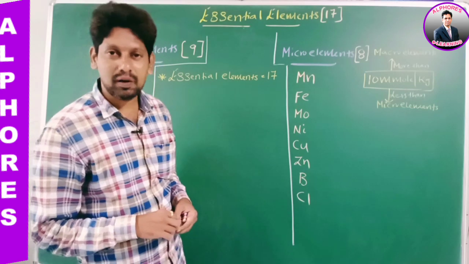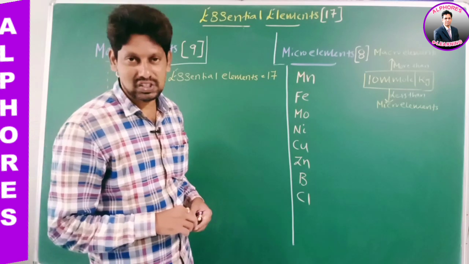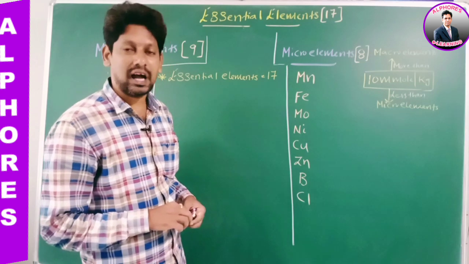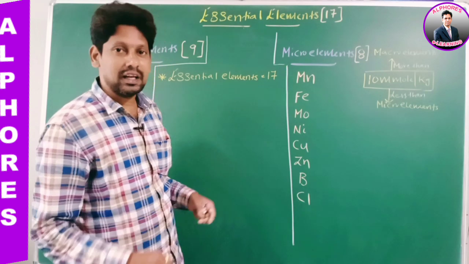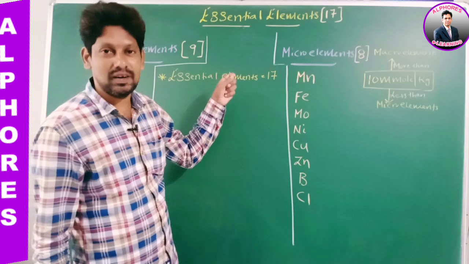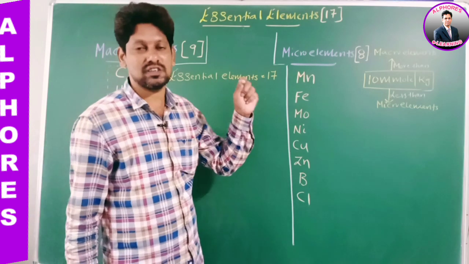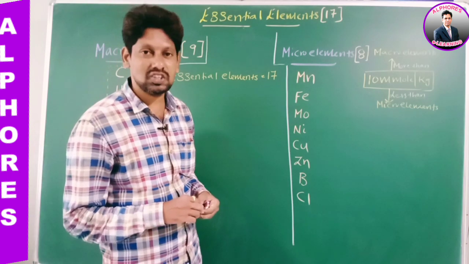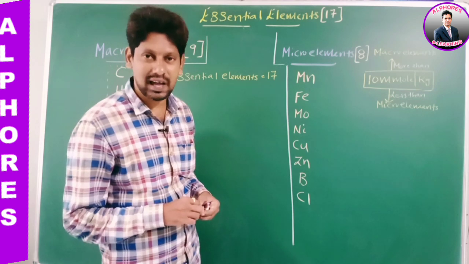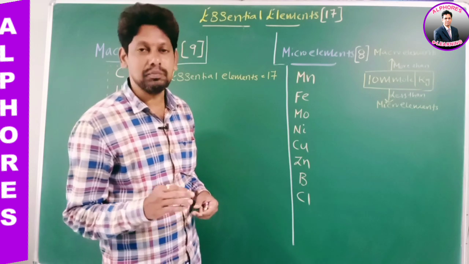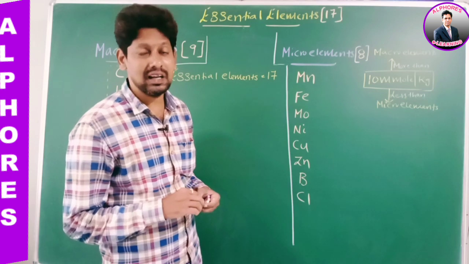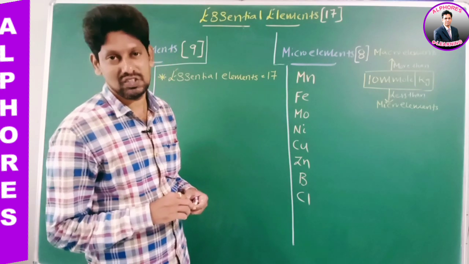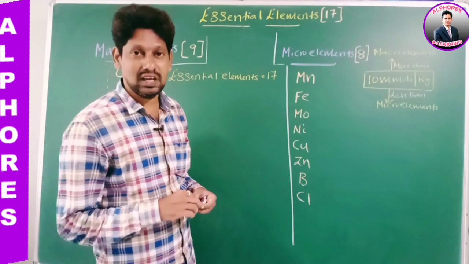Except carbon, hydrogen and oxygen, the remaining 14 essential elements are absorbed by the plant from the soil. Such essential elements are called mineral elements or mineral essential elements. What are such essential elements called?